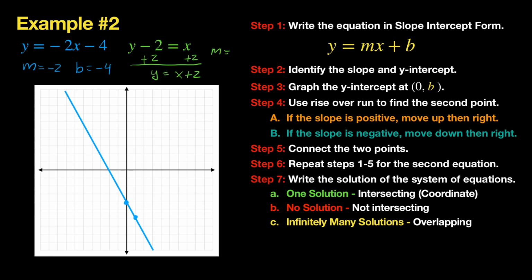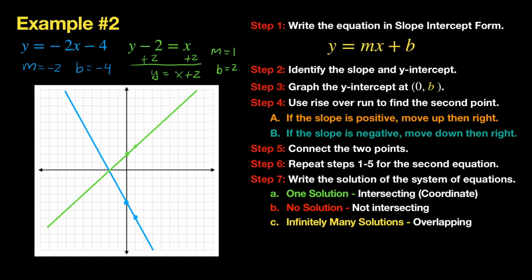That is the number in front of the x, just an invisible 1. And the y-intercept is going to be 2. So b is equal to 2. So our first point is going to be at (0, 2). So we put our point right here. And because the slope is 1, we're going to move 1 up and 1 to the right. And now that we have those two, let's connect the points and make a line.